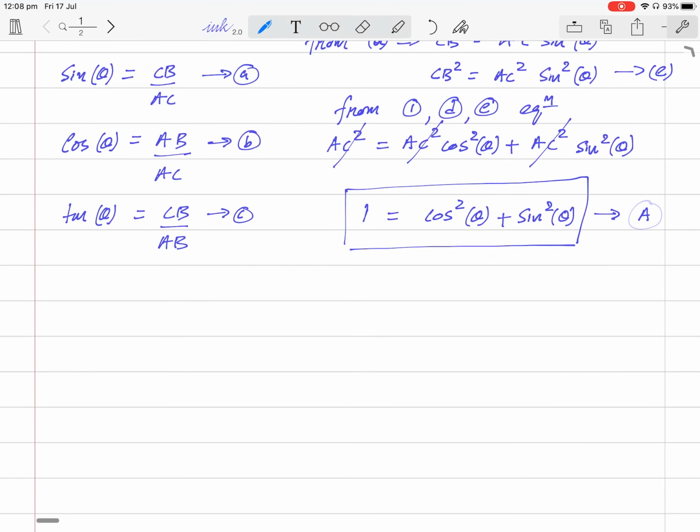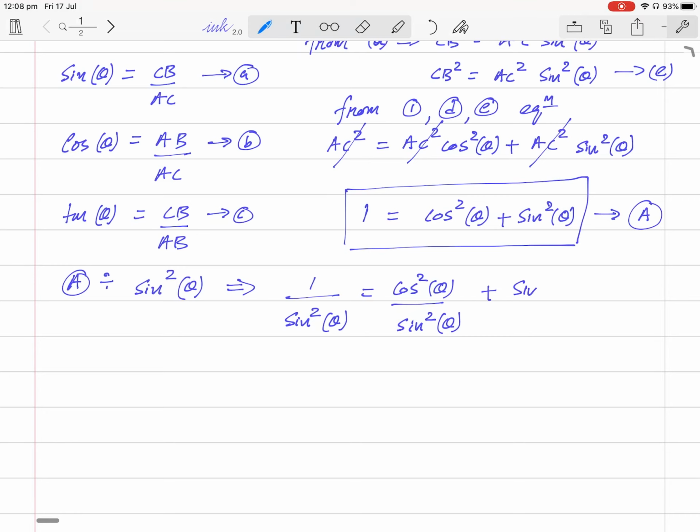Now I'm going to take equation A and divide the whole equation by sin squared theta. So when you divide that by sin squared theta, what do you get? So 1 divided by sin squared theta is equal to cos squared theta divided by sin squared theta, plus sin squared theta divided by sin squared theta.